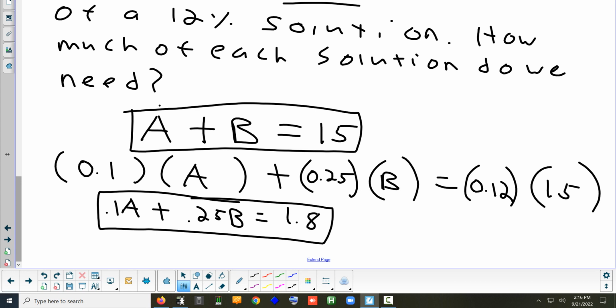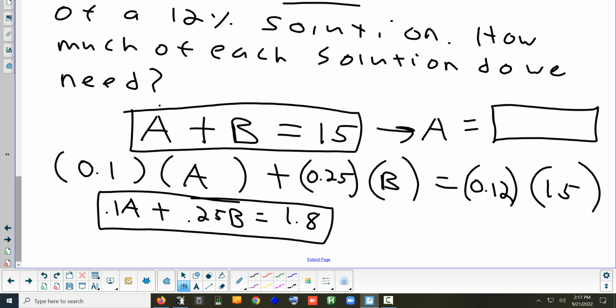So we have to substitute. To substitute, you have to have a variable already by itself in one of the equations. I think the top one is the easiest one to get a variable by itself, because the bottom one has decimals. So if we got a by itself in the top one, can somebody tell me what a would equal?